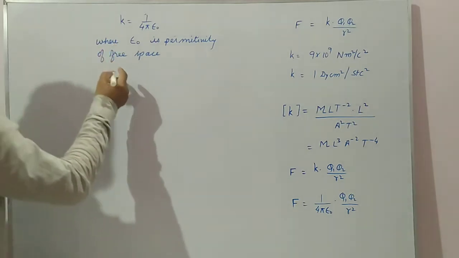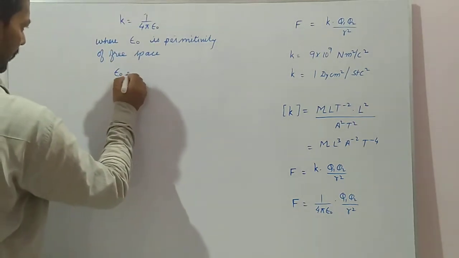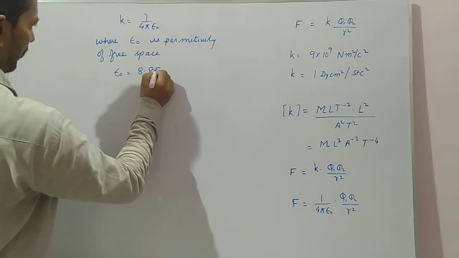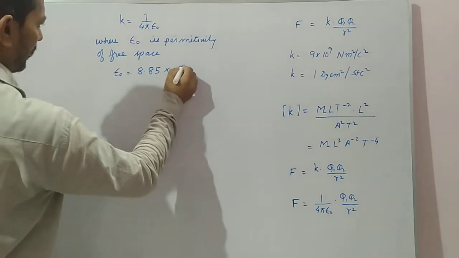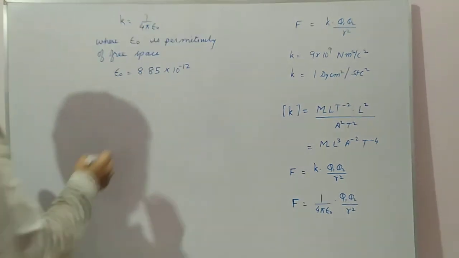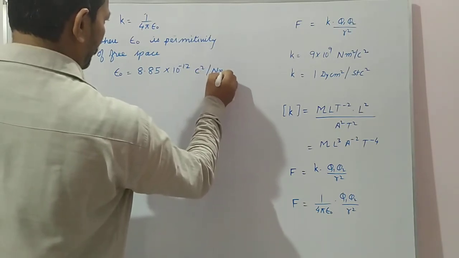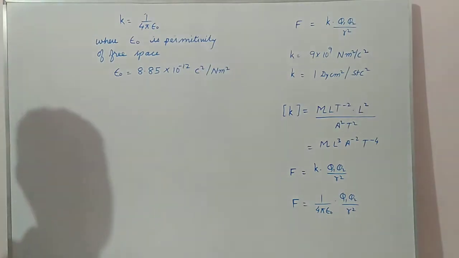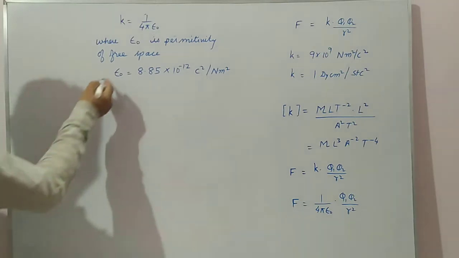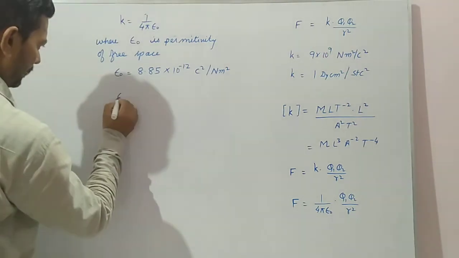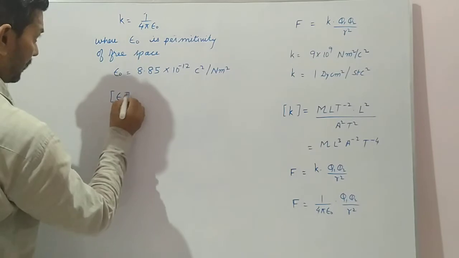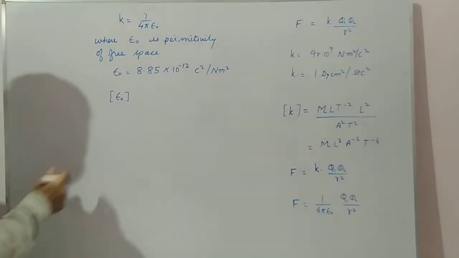The value of epsilon naught is 8.85 into 10 to the power minus 12 coulomb square per Newton meter square. Dimensional formula of epsilon naught will be the reciprocal of electrostatic constant.